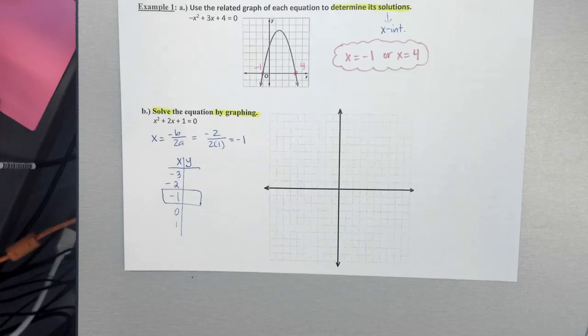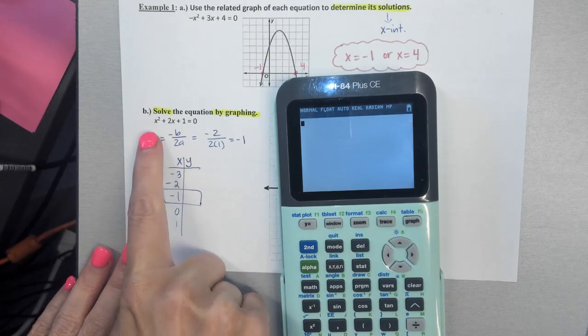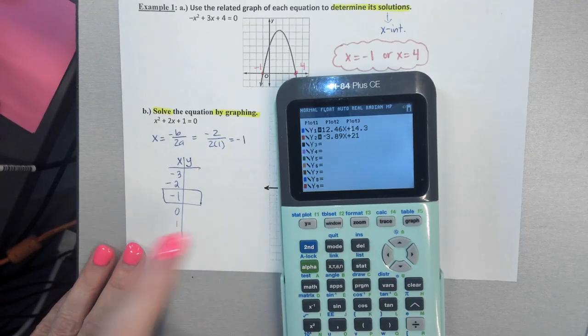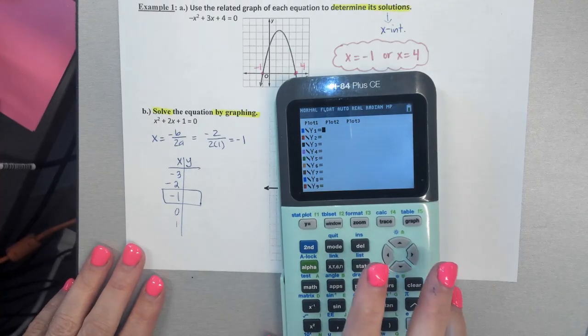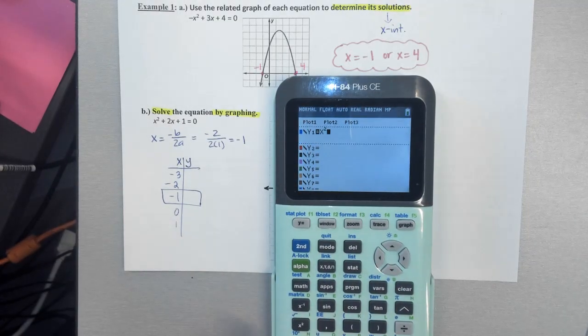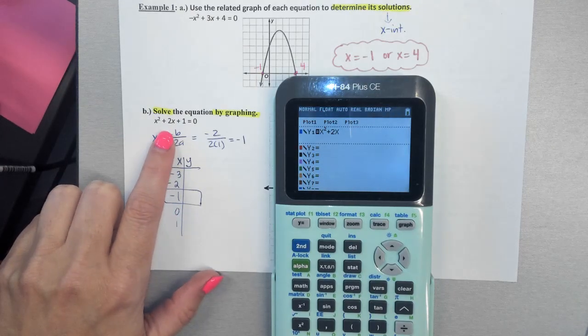If you want to use your table feature, what you're going to plug into your graphing calculator is x squared plus 2x plus 1. So I'm going to go to y equals, and I'm going to clear those out. So we're going to do x squared plus 2x plus 1.